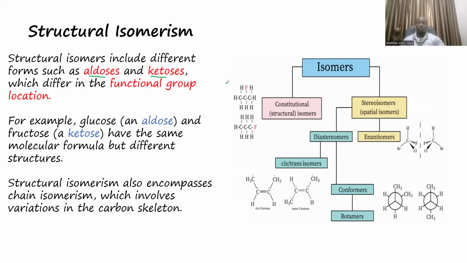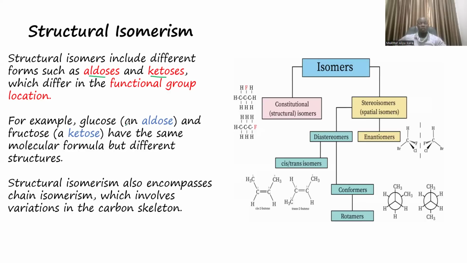That is why if you check glucose and fructose, they have the same molecular formula. But in terms of the arrangement, you will see that they are different. So these are examples of structural isomers. Glucose, an aldose, and fructose, a ketose, have the same molecular formula but different structures. That is what I want you to understand.